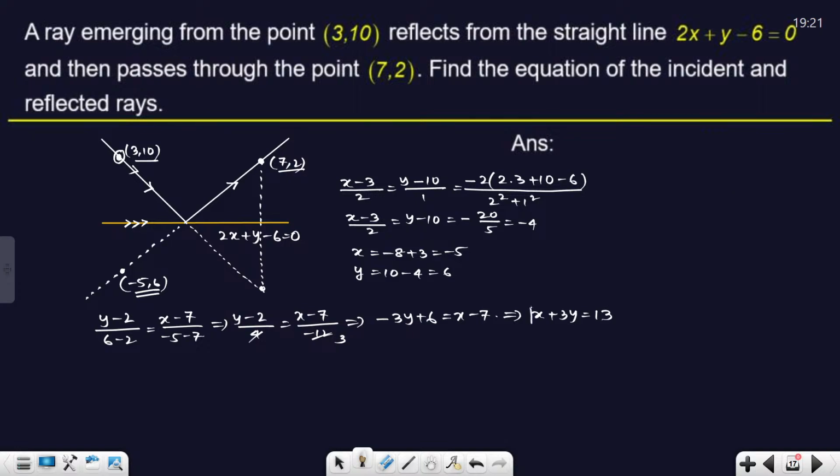This is the equation of the reflected ray.